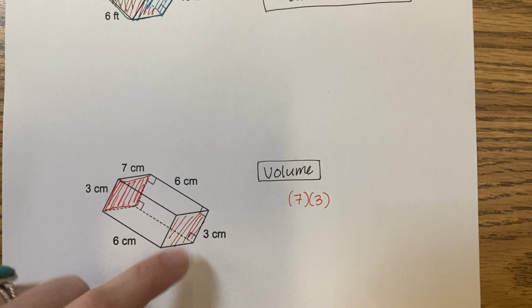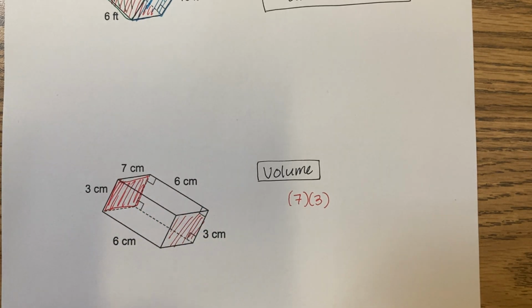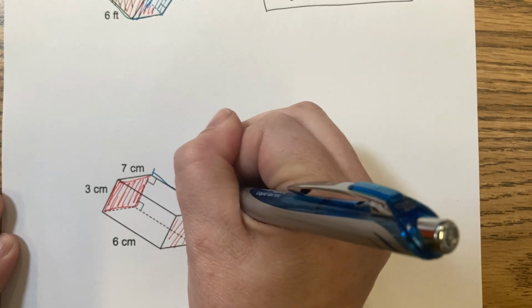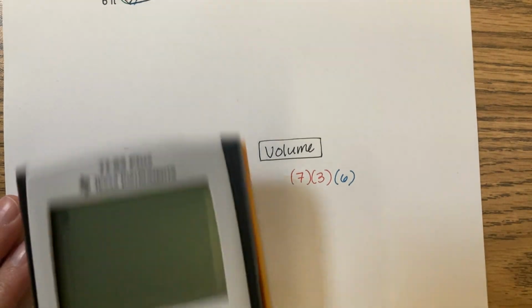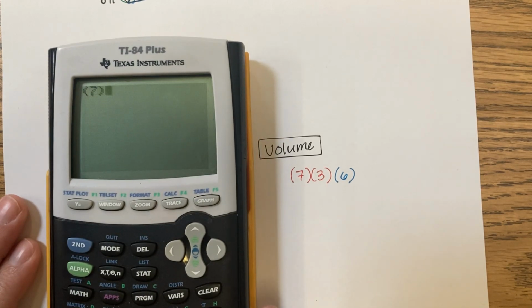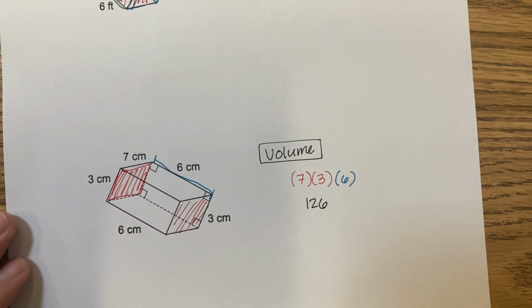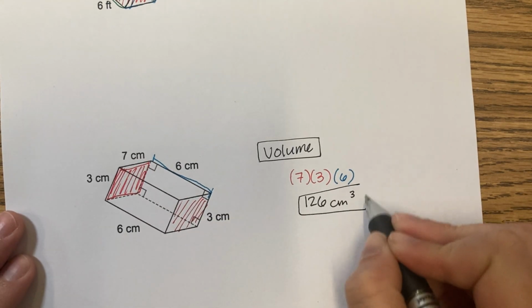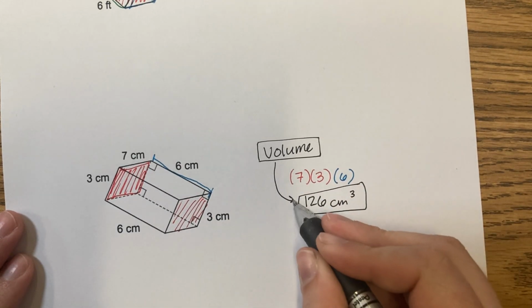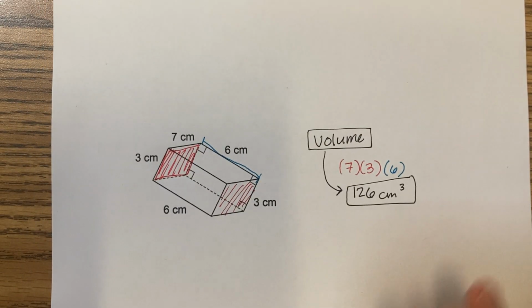And to move it to this side, I have to slide it along the length of 6. That means to create the volume, I have to times it by 6. 7 times 3 times 6. And it is centimeters cubed for volume. If you have any questions, let me know.